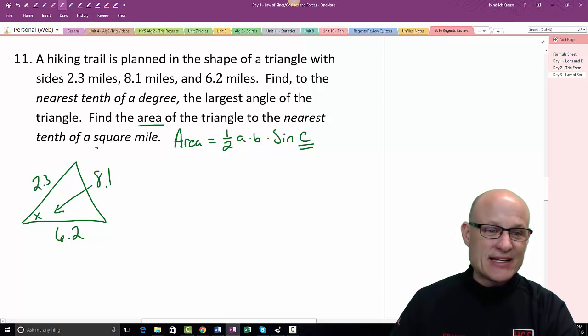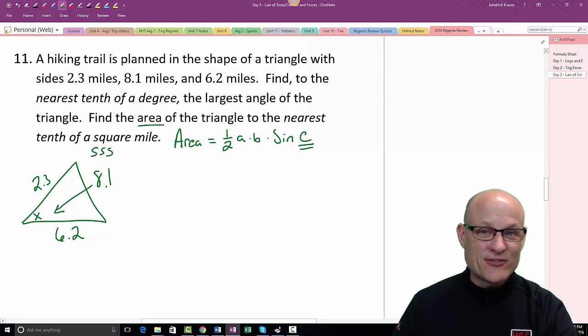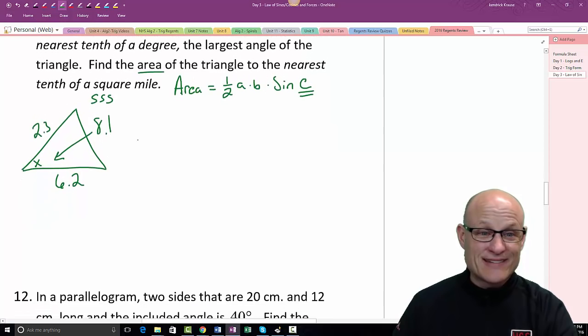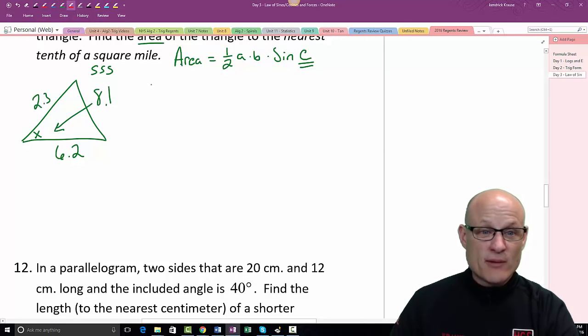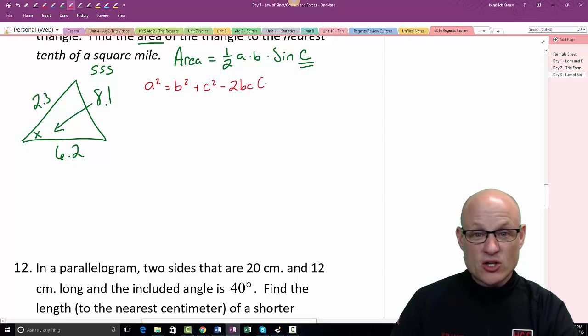Because I have side, side, side, I have to use law of cosines. And this is the hard case of the law of cosines. Remember, the law of cosines is a squared equals b squared plus c squared minus 2 bc cosine A. All right. Where this and this have to match.